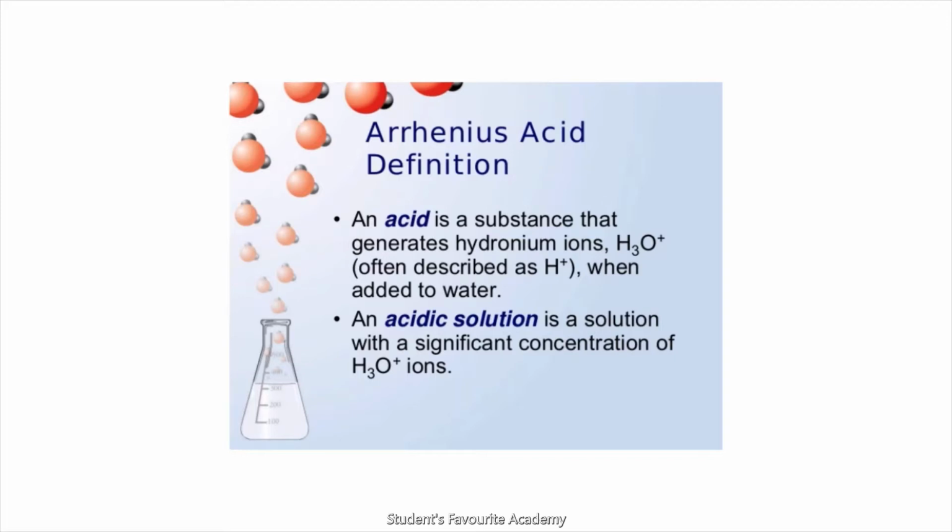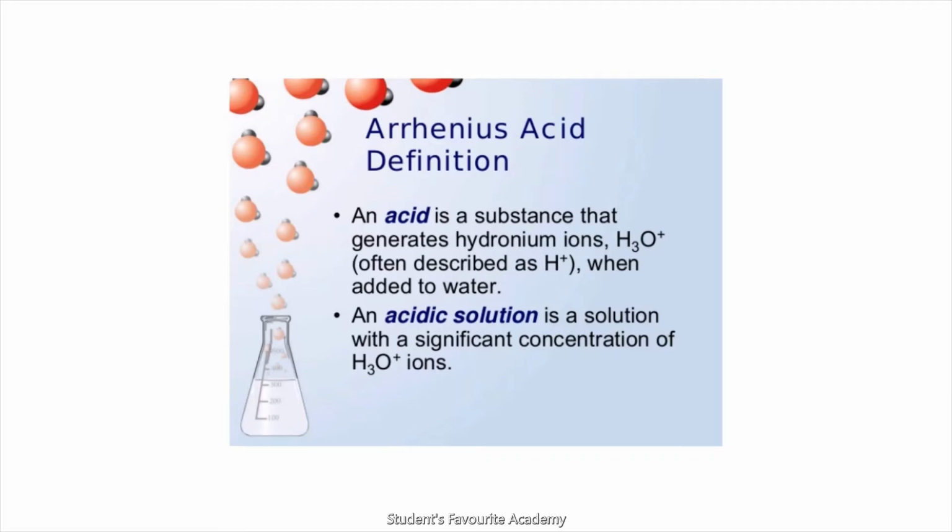An acid is a substance that generates hydronium ions, by first liberating hydrogen ions when added to water. So, an acidic solution is a solution with a significant concentration of hydrogen ions.